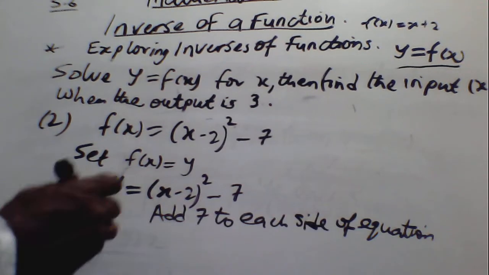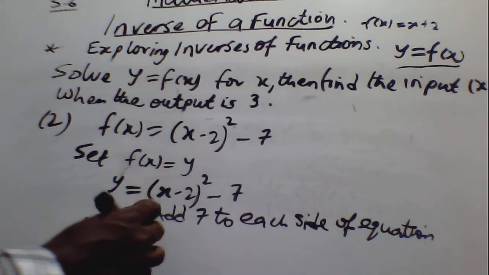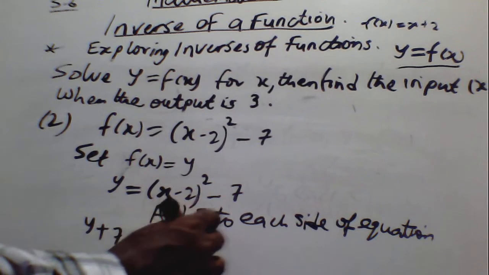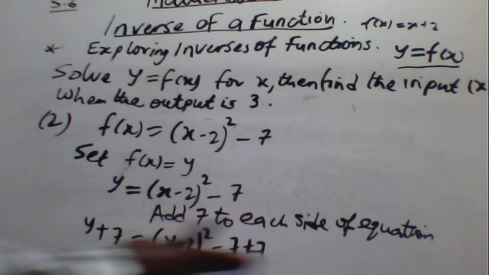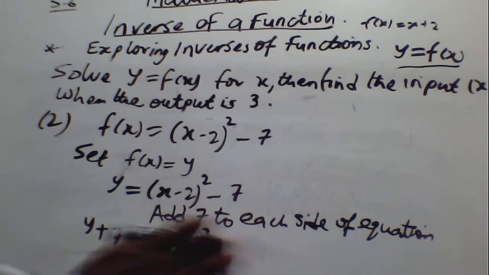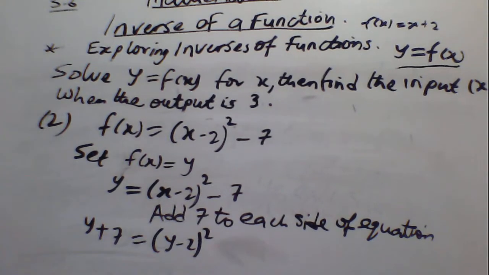If you add 7 to each side of the equation, you have y plus 7 equals x minus 2 raised to power 2. Here, minus 7 plus 7 will give us 0. So it will be clear to have this. I hope you are following.